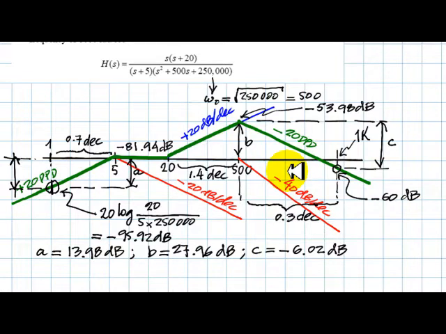Those values are minus 81.94 decibels, the value here, plus A, and adding B, we get negative 53.98 decibels here at the top and then downwards to 1000 radians per second, we subtract C and get negative 60 decibels, the value in decibels of the transfer function at 1000 radians per second.